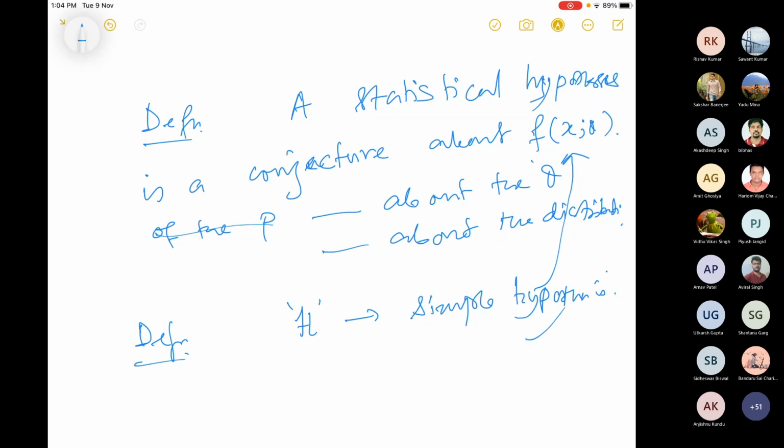Otherwise, if it is about the distribution itself, then we call it a composite hypothesis. So there are two different kinds of hypotheses: about theta, we give it a name, and about the distribution, we again give it a name.